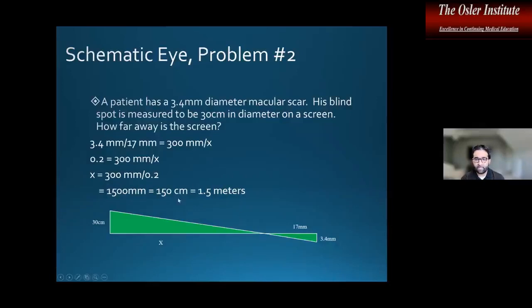Okay, so same concept, except instead of solving for this, they're asking us to solve for this, but it's the same thing. You're going to set up similar triangles and work your way through. They could have also asked us a problem to solve for the size inside the eye, but they would have to give us the size outside the eye and the length outside the eye as well.